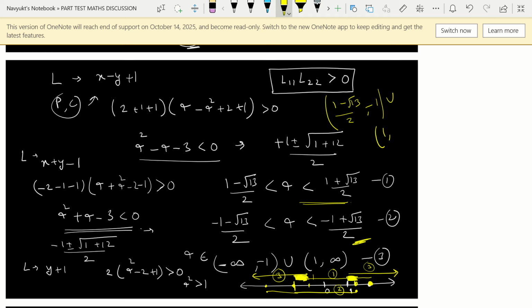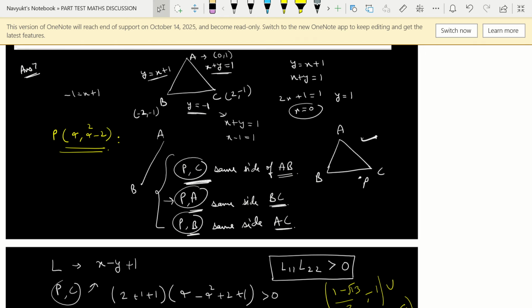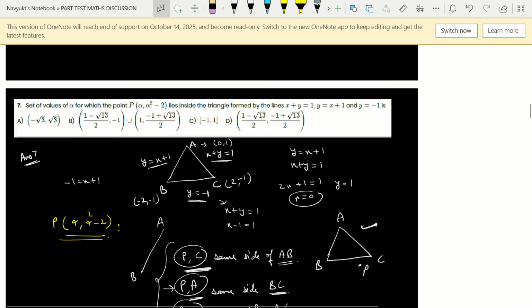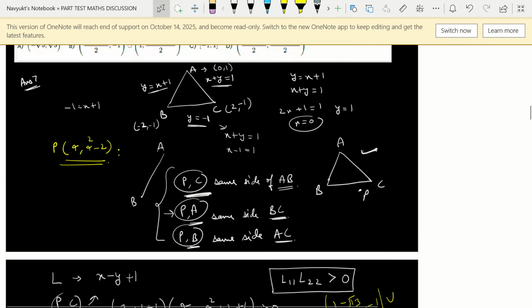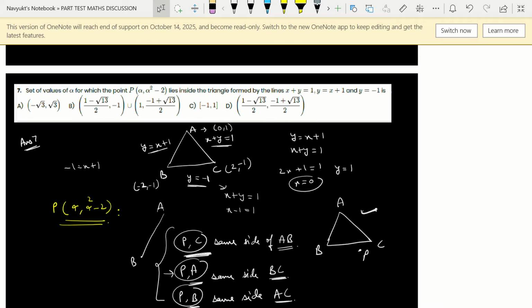What is the ending point of zone 2? Right here. Okay, so this would be our minus 1 plus root 13 by 2. So we'll check the options, which option fulfills this. Option number B is 1 minus root 13 by 2 to minus 1, union 1 to minus 1 plus root 13 by 2. So this is the final answer, the intersection of all three conditions.